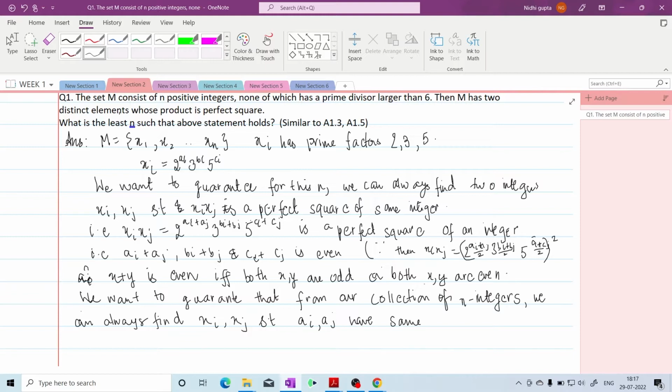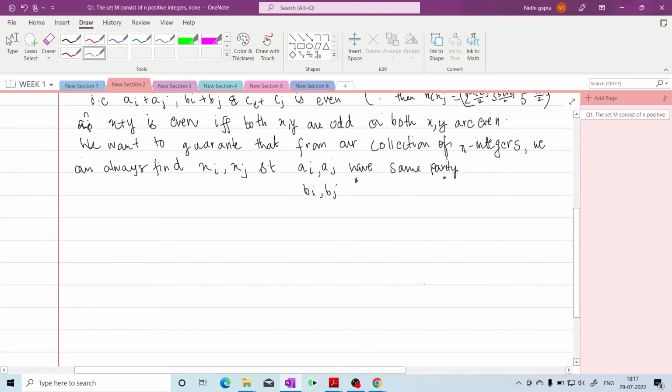By parity I mean either they are both odd or both even. And bi and bj have the same parity, and ci and cj have the same parity.